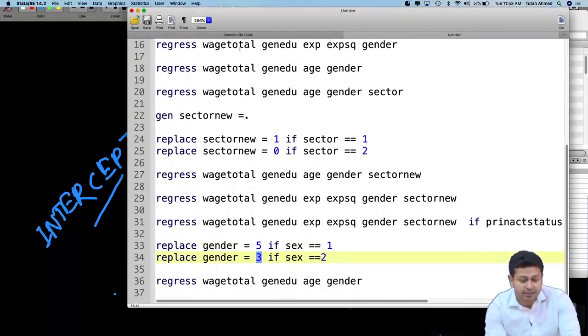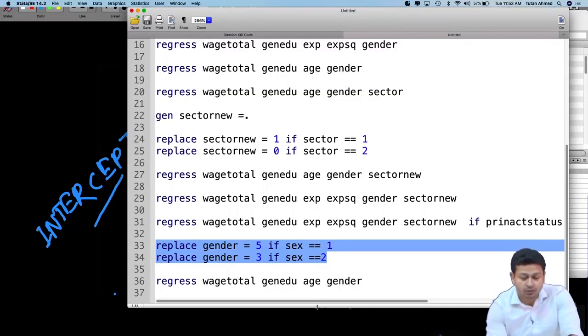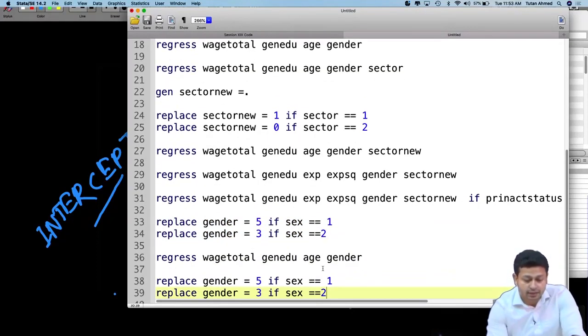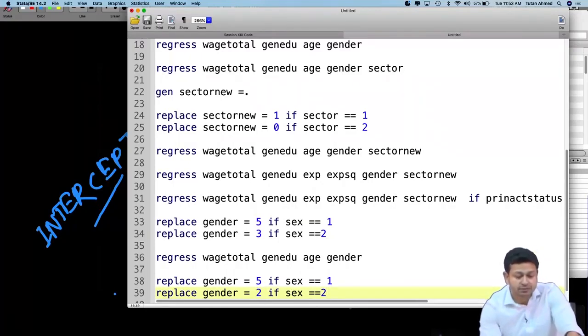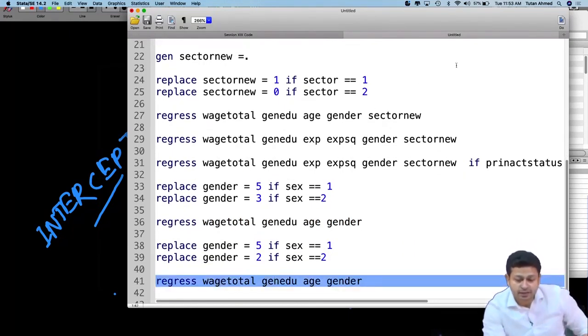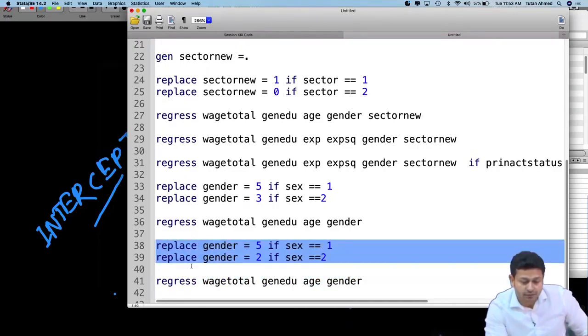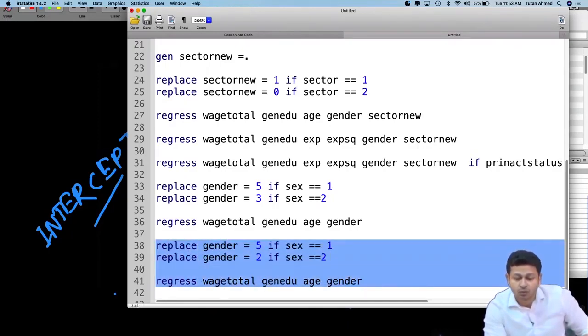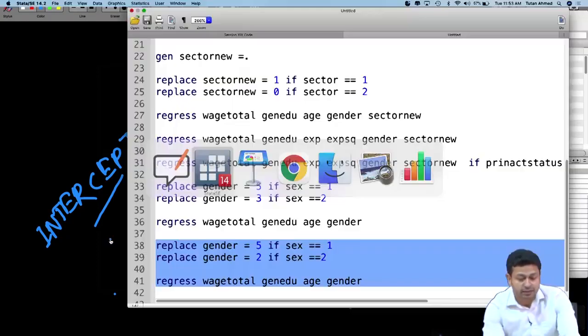Now, instead of 5 and 3, let's say I had given values of 5 and 2. That means now I have a difference of 3 between these 2 categories, and I am going to get an even smaller value of the coefficient. 1/3 of 385 we are going to get, because we have to multiply by 3 to reach there.